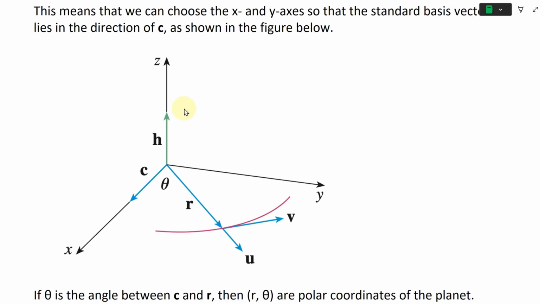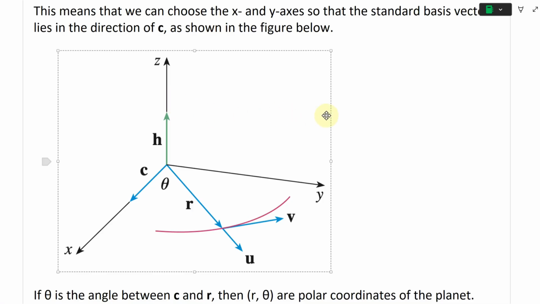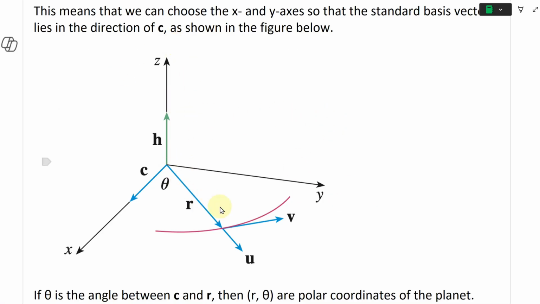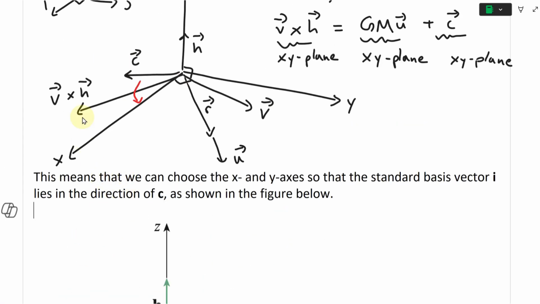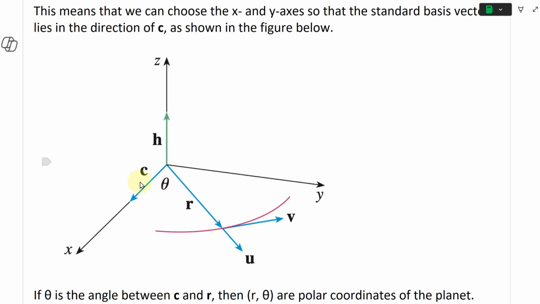Now what I just did quickly was delete my drawing and replace it with the screenshot from the calculus book, because it's much nicer looking. So there's our h, there's our c along the x, the standard basis vector i component, and there's our angle theta between c and r, or the x-axis.